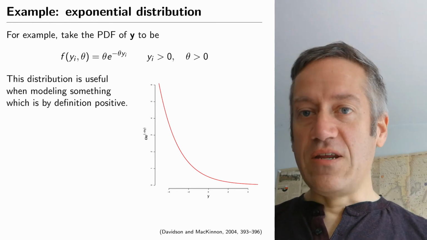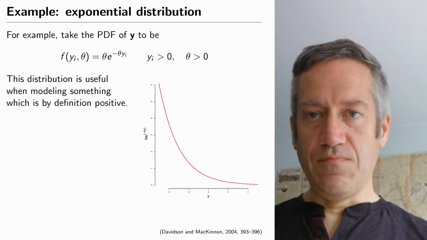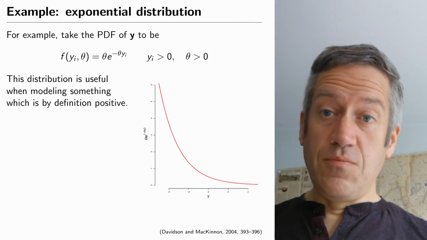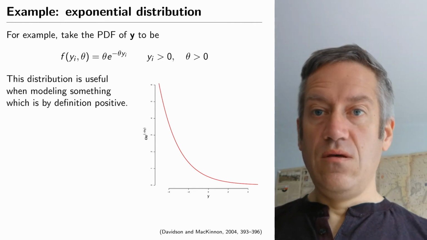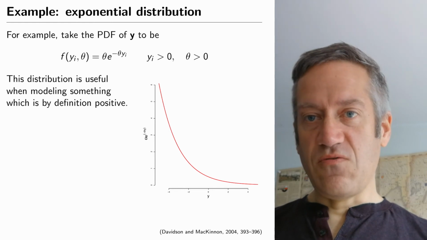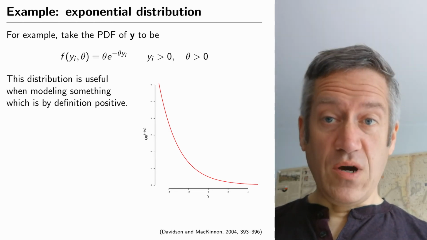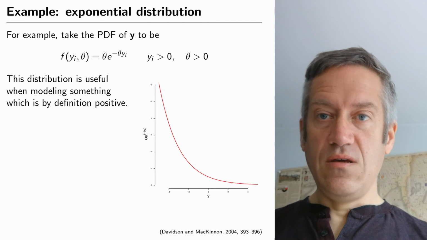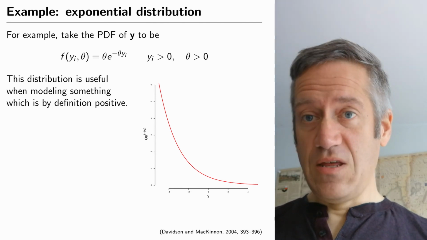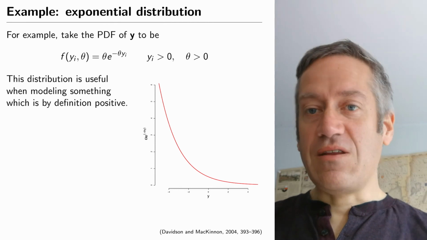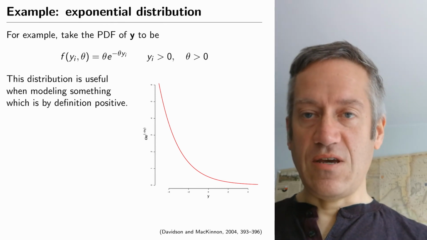So this might not be ideal, but just as an example. This distribution has one parameter, the scale parameter, theta, and y is then the observed variable. For different values of y, we get a different probability of observing this number of deaths, and this probability is based on this parameter theta.